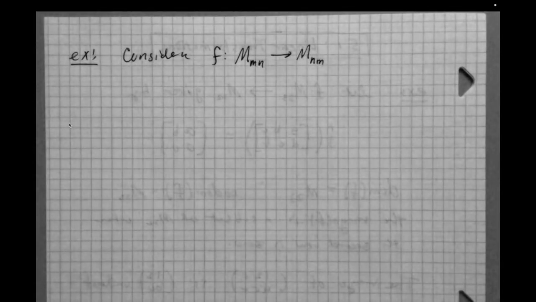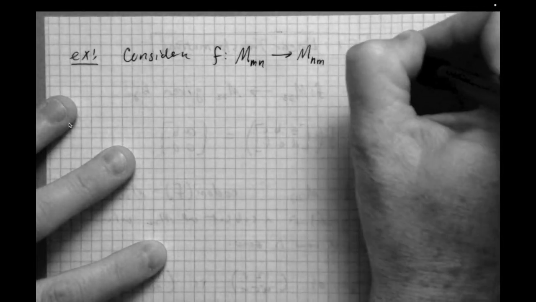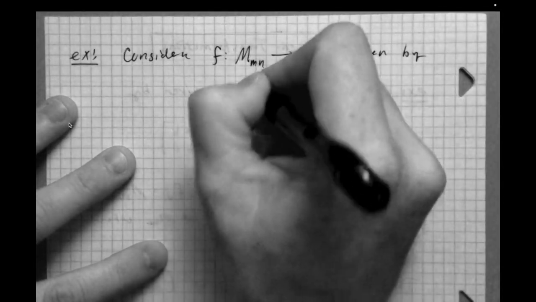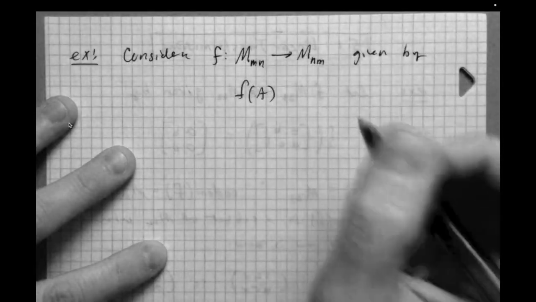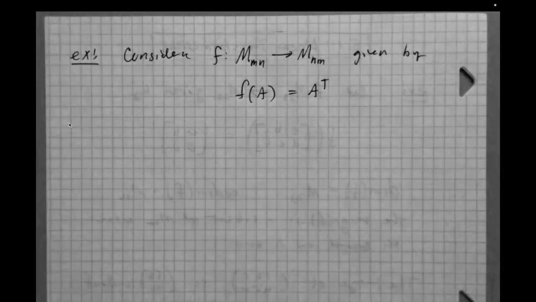The domain is the set of all m by n matrices, and the codomain is the set of all n by m matrices. We let F be the mapping given by F of a matrix A is equal to the transpose of A.